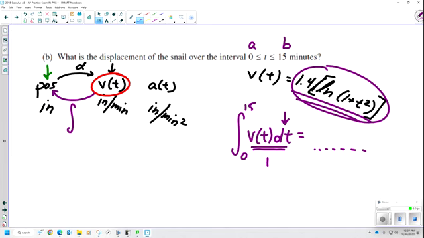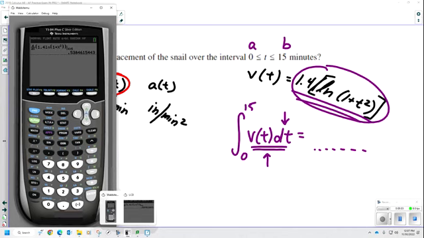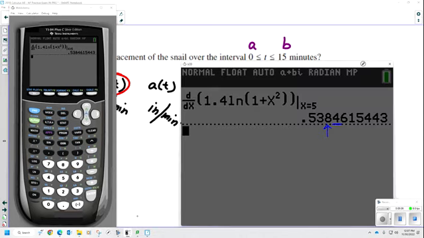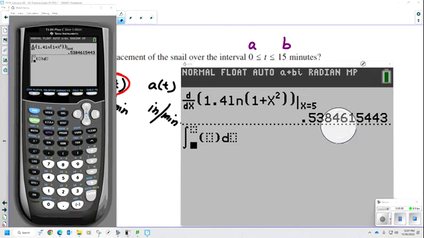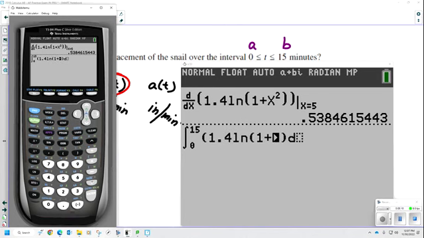Because you're integrating velocity. So let's grab our calculators, and we're going to integrate with Math 9, get rid of this little arrow, as pretty as it is, and from 0 to 15, we're going to integrate 1.4 ln of 1 plus x squared.